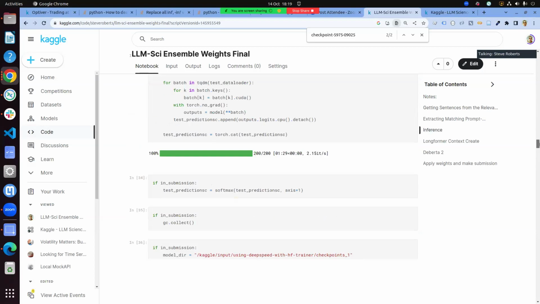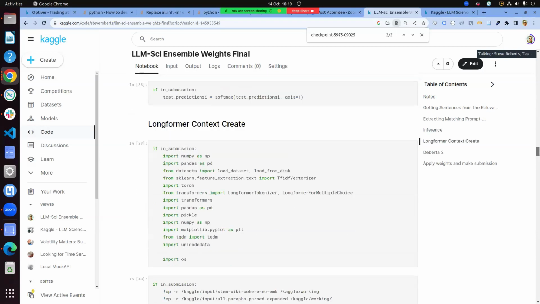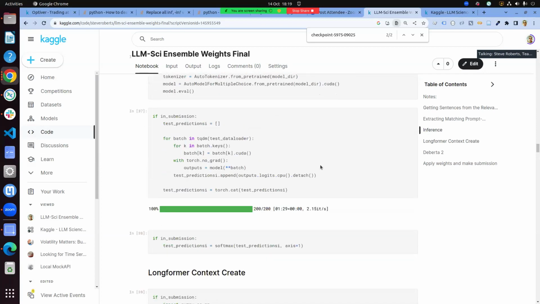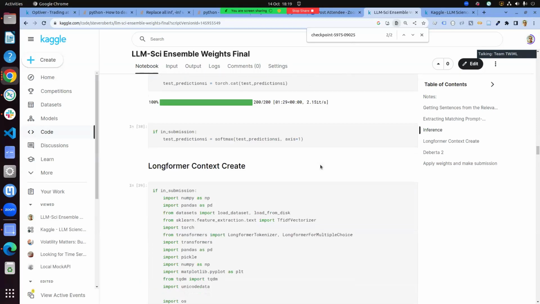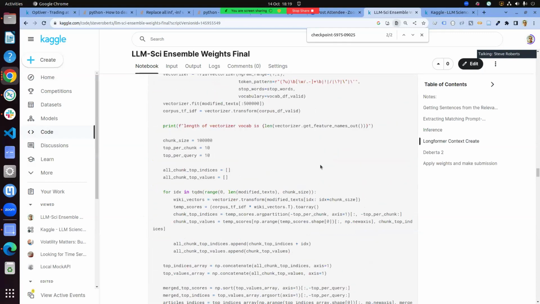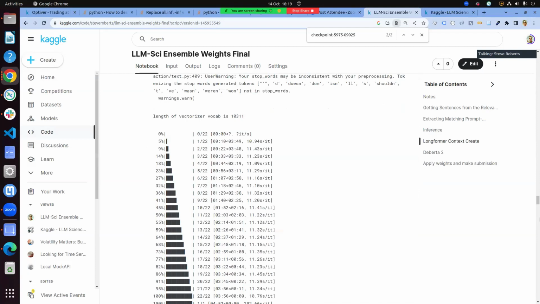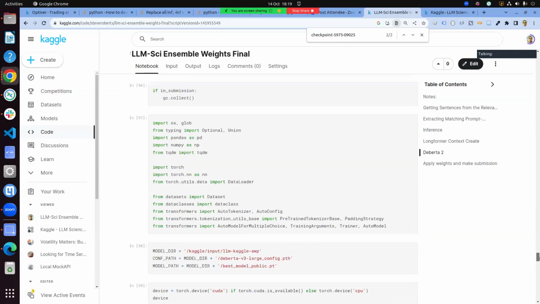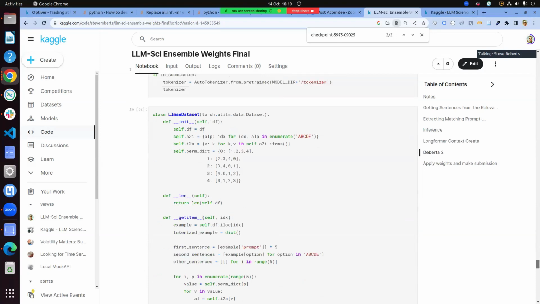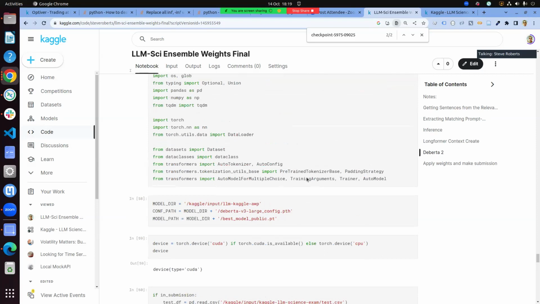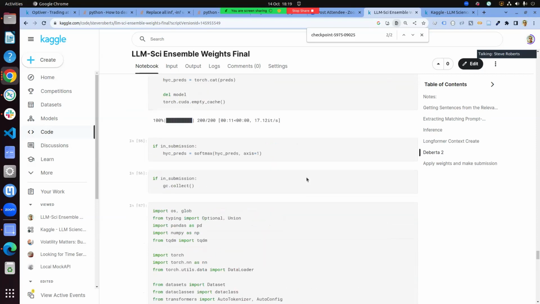And then the three models with the regular context, and three with the 270K context, and then there's a couple more. So the two DeBERTa ones, and then the actual Longformer one, and then there were a couple that were in the original ensemble notebook.